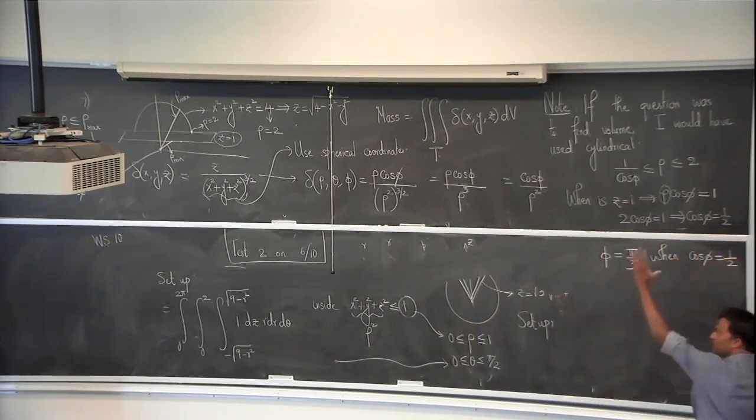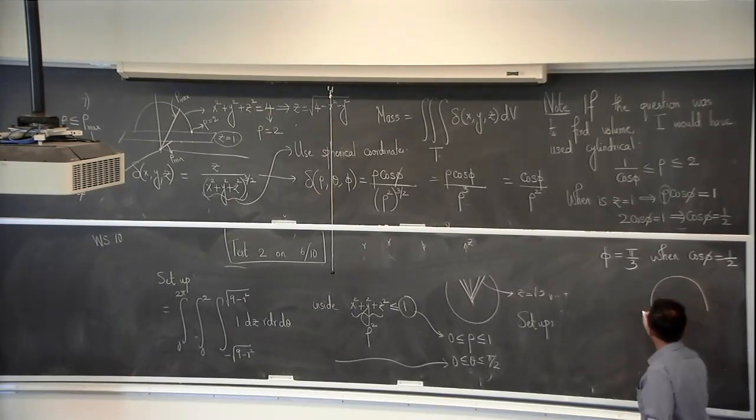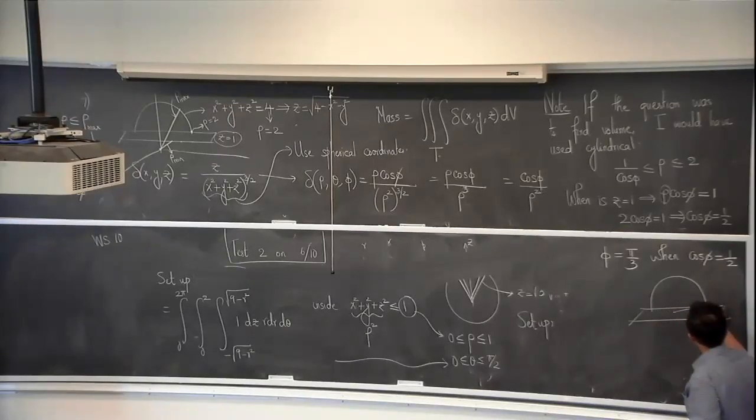It starts from the North Pole and hits that plane when the hemisphere is intersecting the plane, and that is when phi equals pi over 3. That is the angle that is swept through. Because the hemisphere is intersecting this plane, the radius of the hemisphere is 2 at this point. They are touching each other at this time. We are trying to see when this thing intersects this plane.